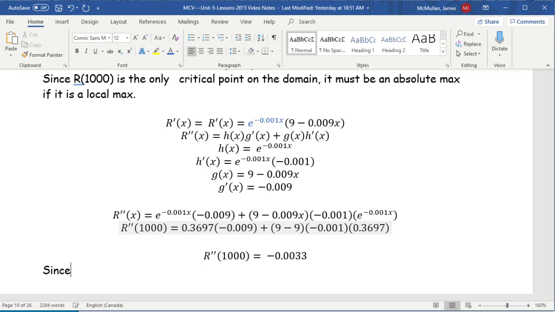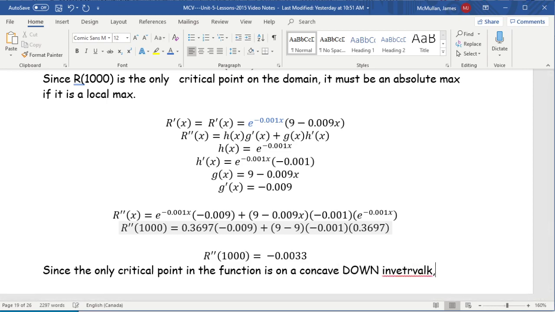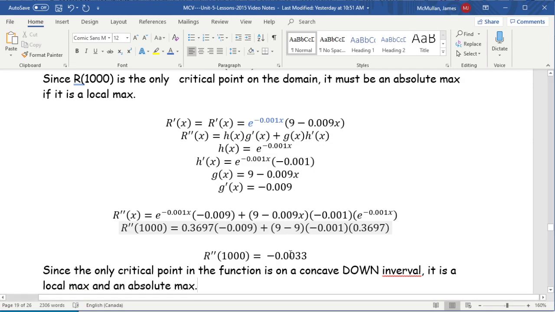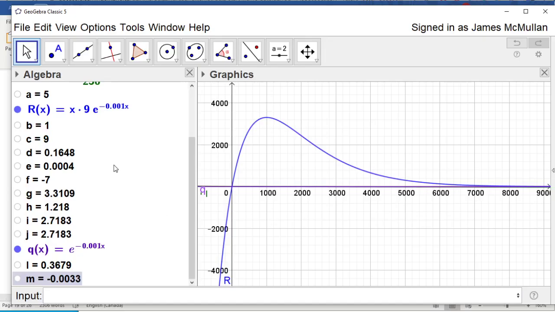Since the only critical point in the function is on a concave down interval, it is a local max. Since it is a local max, it is also an absolute max. Just going to very quickly double check that work here.